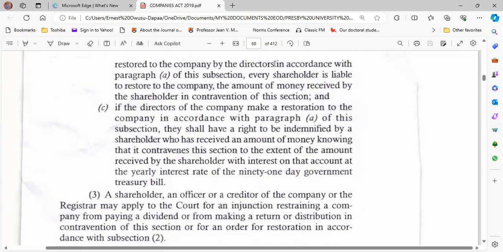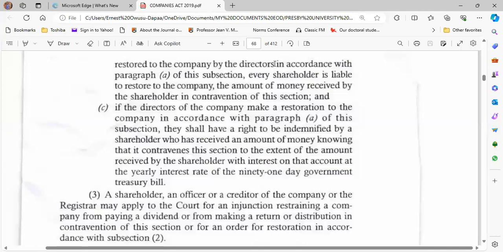Now, the law entitles the directors concerned, as it were, to exercise the right of indemnity. In other words, to also go to the shareholders, because the shareholders are those who benefited from the dividends. Dividends are declared to shareholders. So the money has actually landed in their pocket.